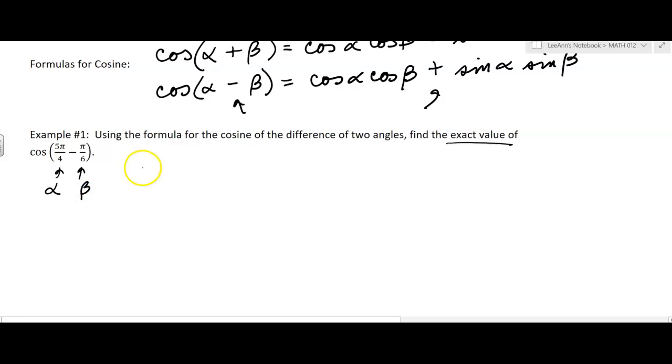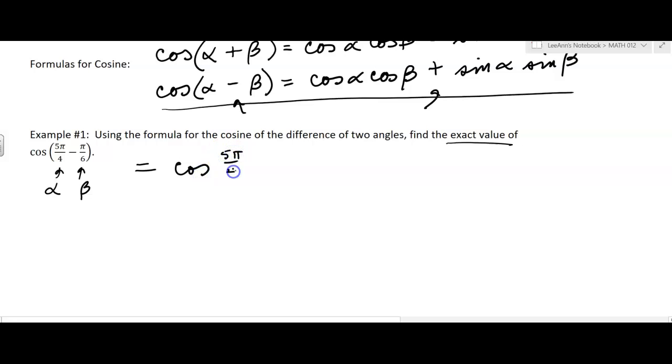All right, so then I'm going to be following this formula right here. Cosine, my alpha is 5 pi over 4, cosine pi over 6, that's my beta, plus sine alpha, which is 5 pi over 4, sine beta, which is pi over 6.